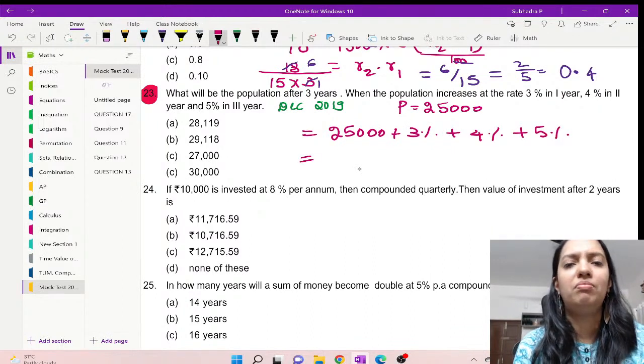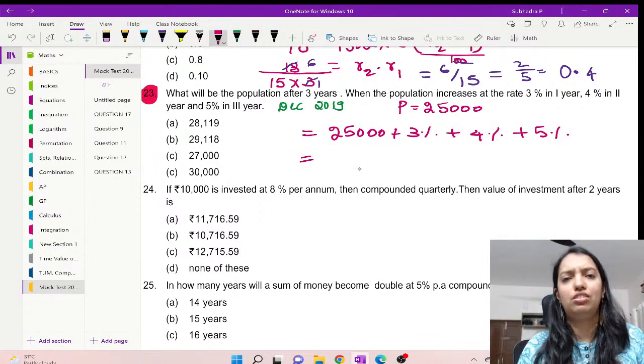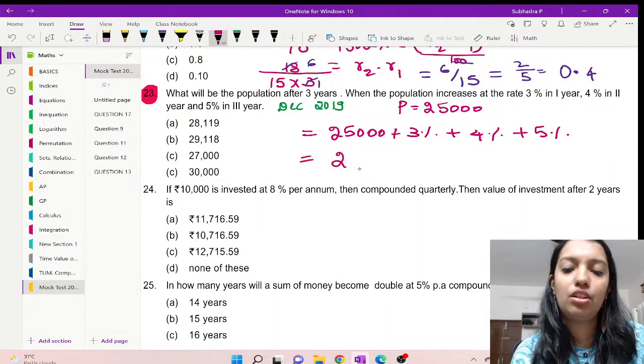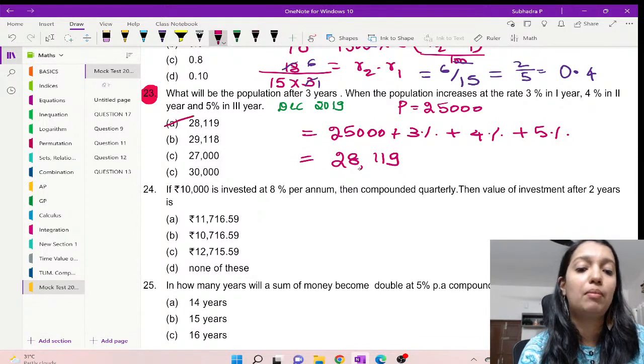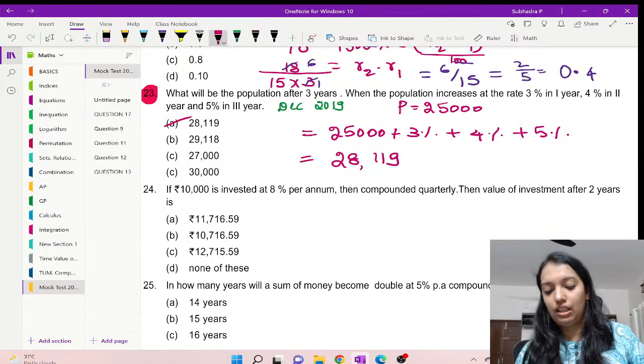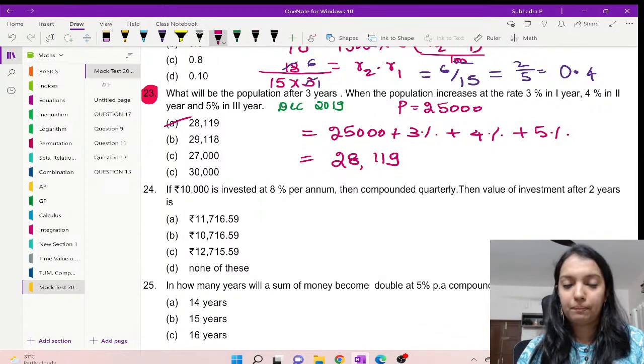So just add them, very easy. Take the calculator, do 25,000 plus 3% plus 4% plus 5%. You will get your answer as 28,119. Don't write rupees. This is population, that means it is number of persons. So correct answer is option A.